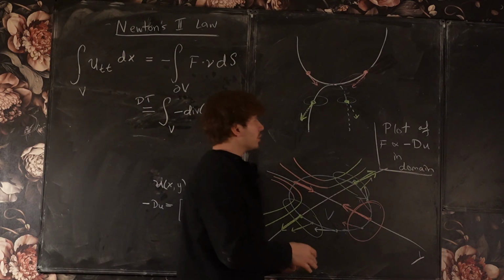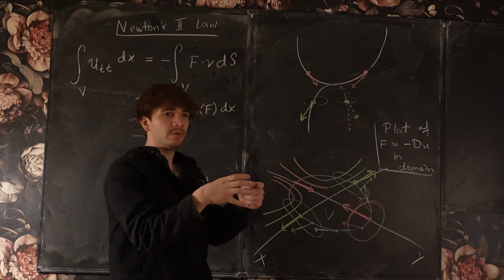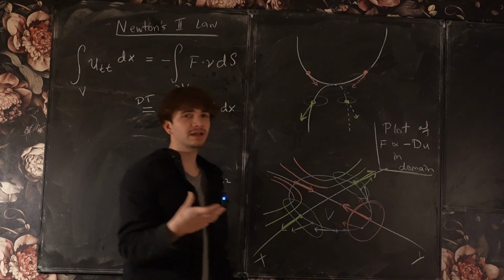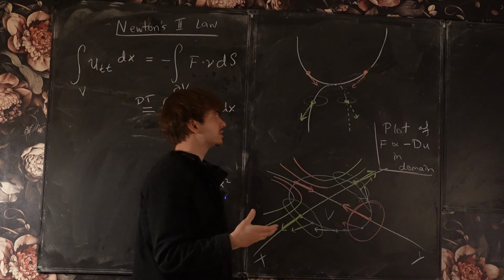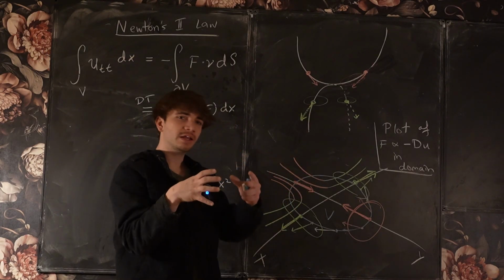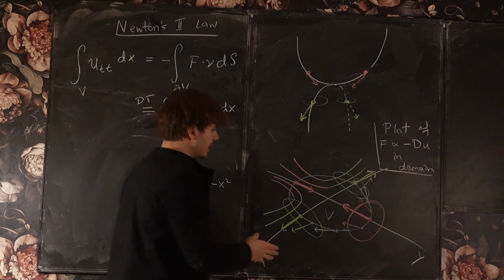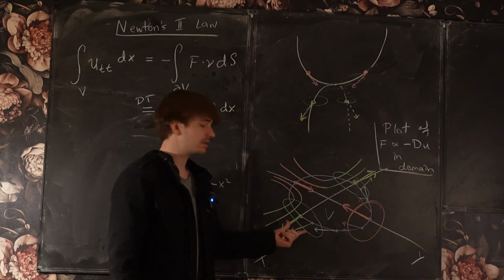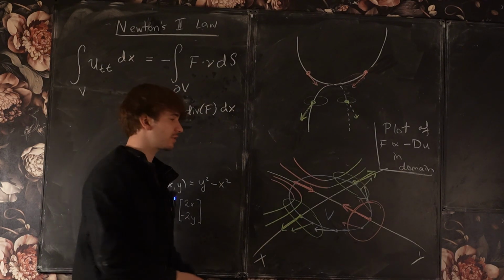Because if our region was a paraboloid that's concave, then we would expect that the net acceleration in this central region should be negative, right? Because the concave paraboloid will kind of pull down the center. And that's exactly captured by the negative contribution of this contact force vector field to the net inward flux across the boundary.